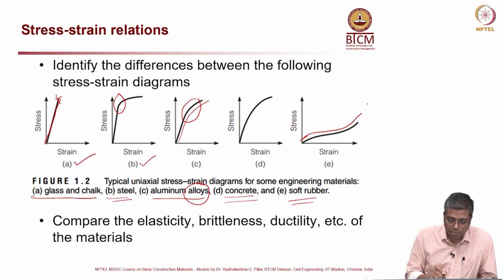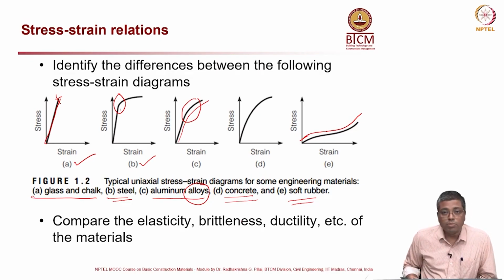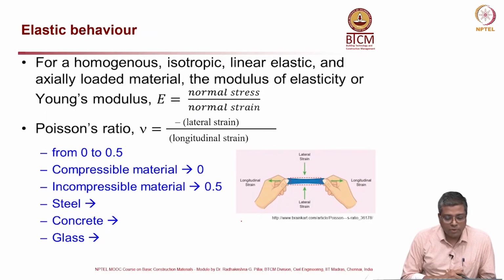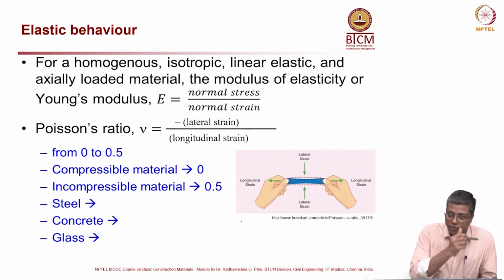Now, you can compare elasticity of all these materials. Elasticity, brittleness, ductility, all that you can compare, and these are very important to look at while choosing a material. Now, elastic behavior for a homogeneous, isotropic and linear elastic and axially loaded material, the modulus of elasticity can be defined. So a material has to be very homogeneous.